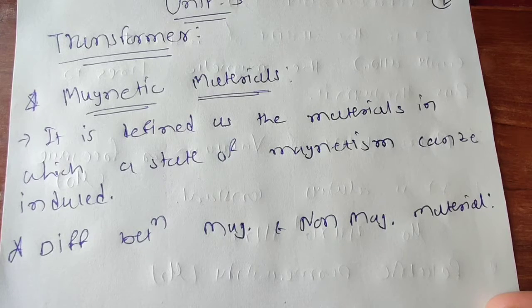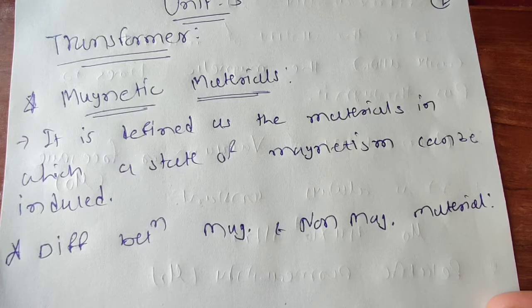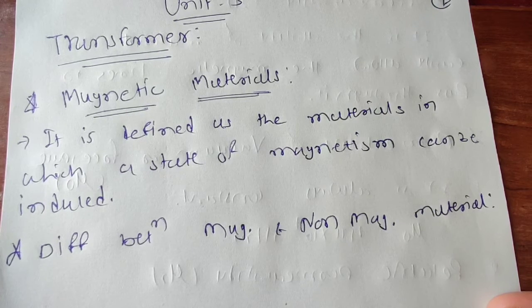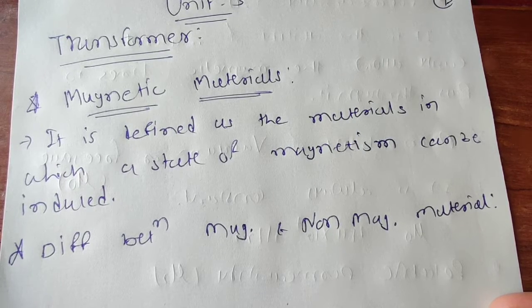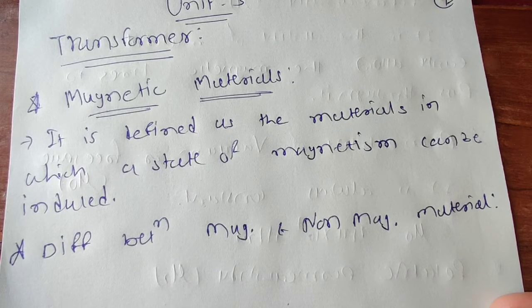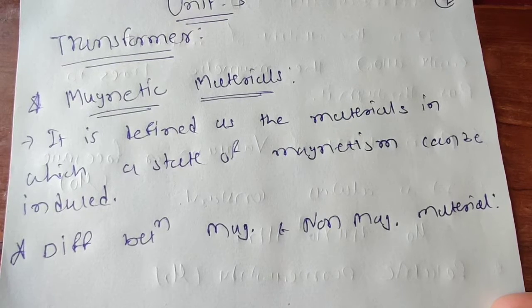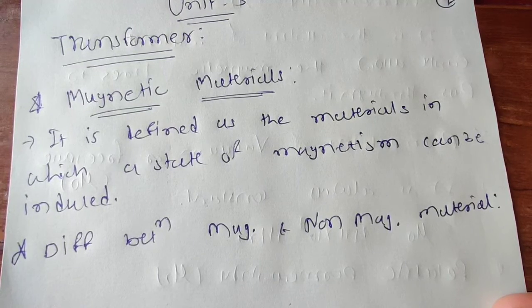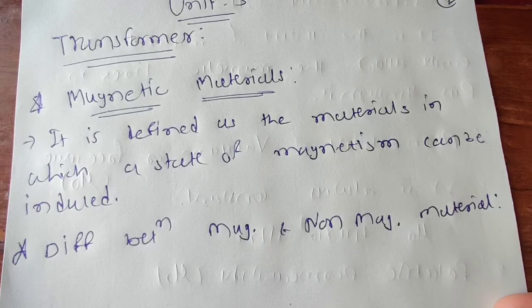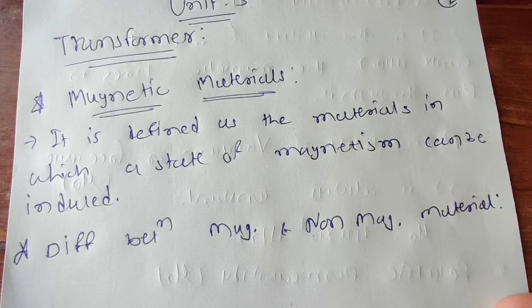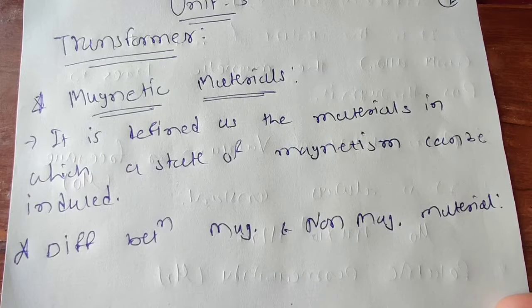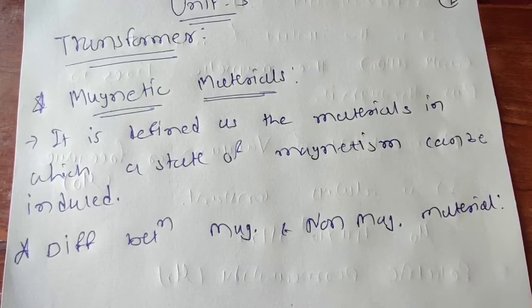In that material, the electrons in the molecules are orbiting around the nucleus, and a particular force is generated in one orbit and an opposite force in another, so they cancel each other out. So we can say there is no MMF inside the material. The resultant force produced in a non-magnetic material is zero, while in a magnetic material the resultant represents a particular force that is called magnetomotive force.